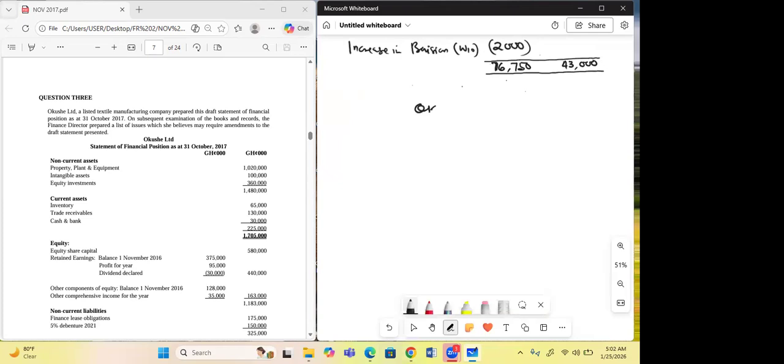Okusho Limited, statement of financial position as at 31st October 2017.